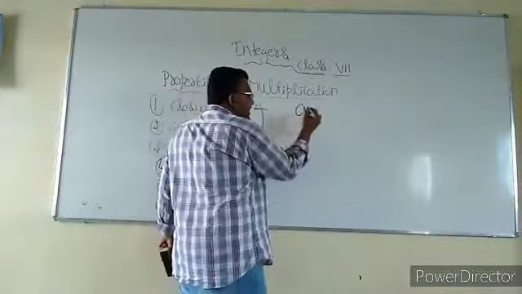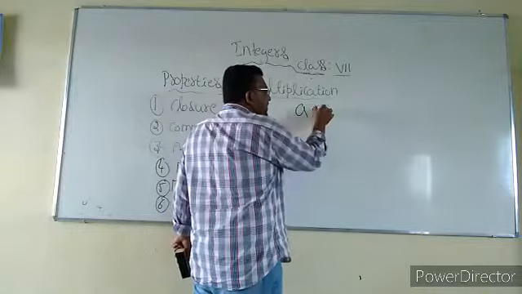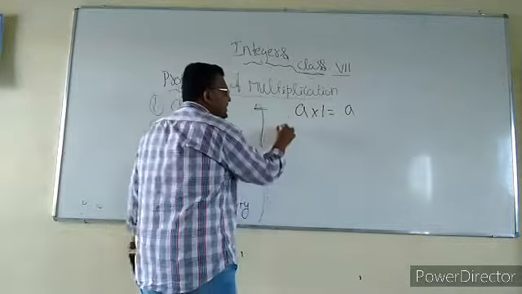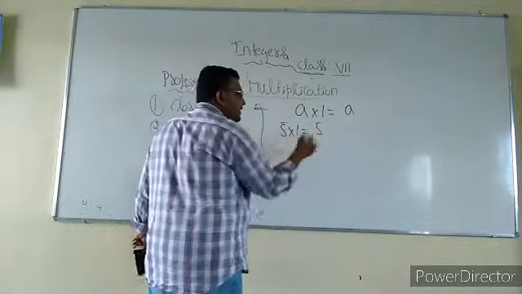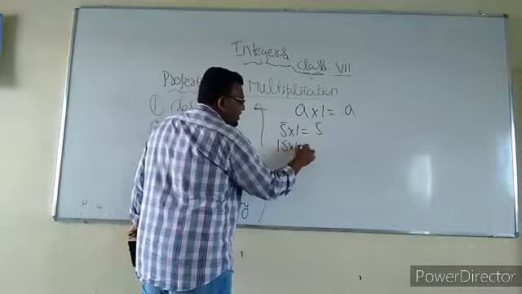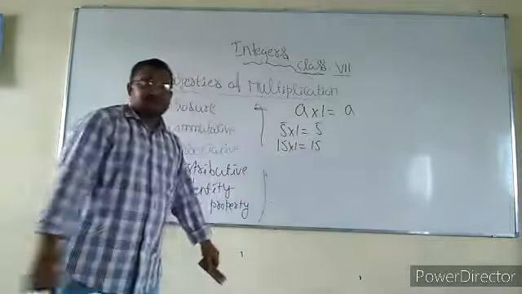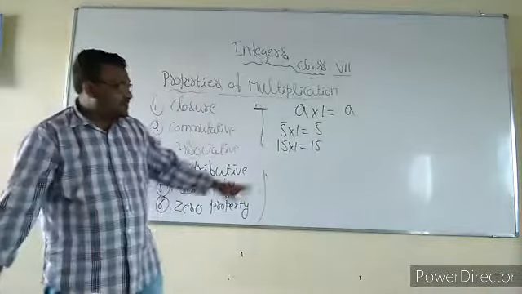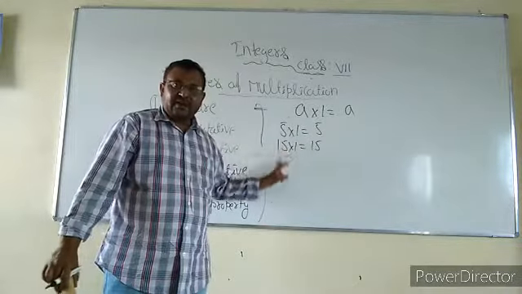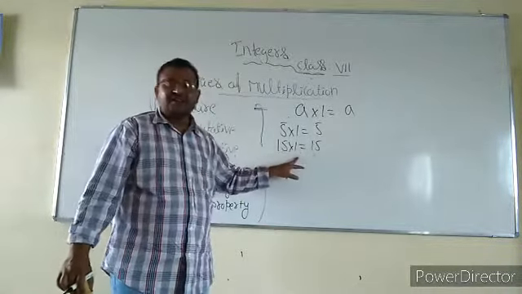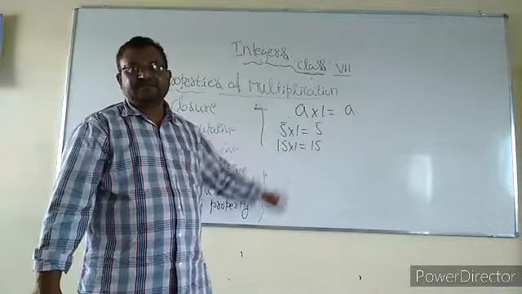Take a as one integer, multiply with 1, we will get a again. Take 5, multiply with 1, we will get 5. Take 15, multiply with 1, we will get 15 again. That's why this one is called the multiplicative identity.